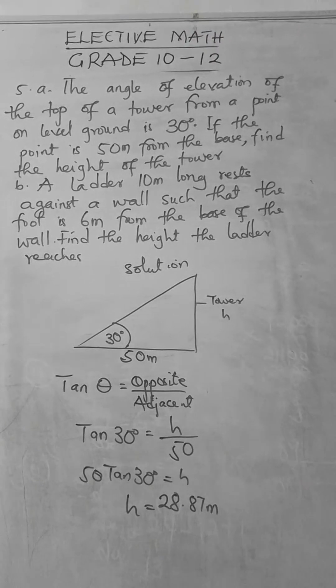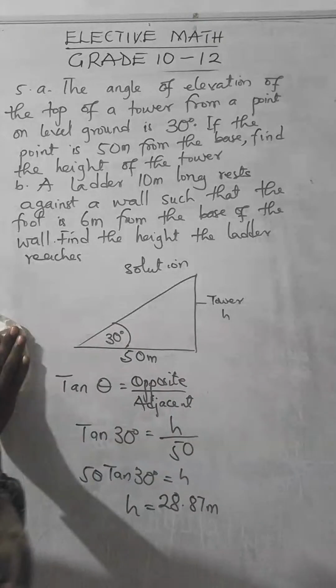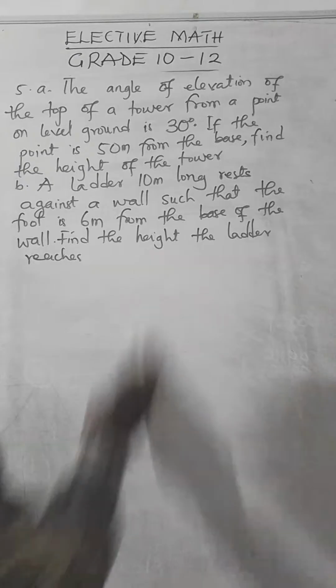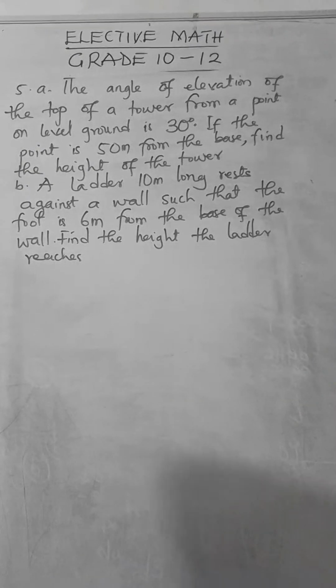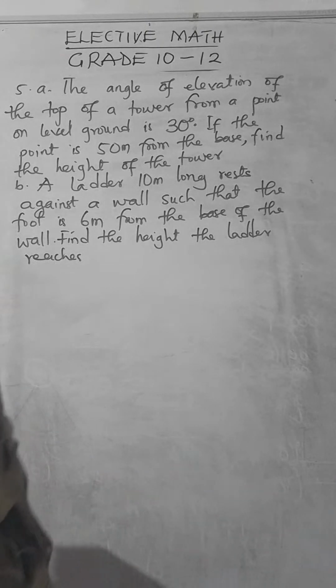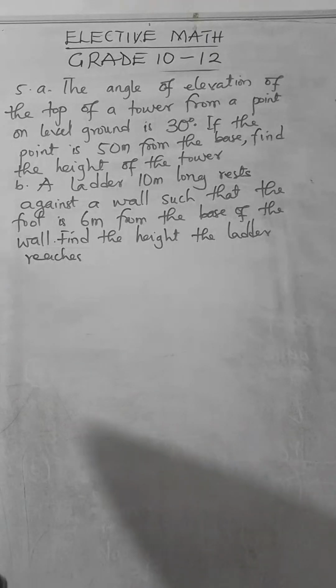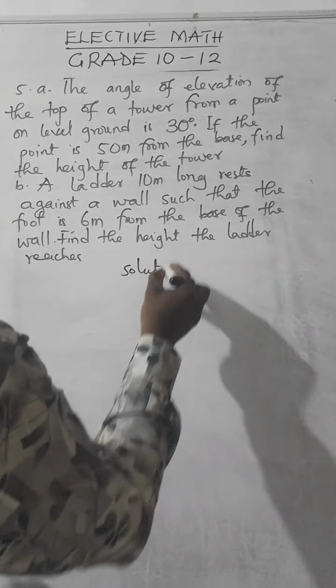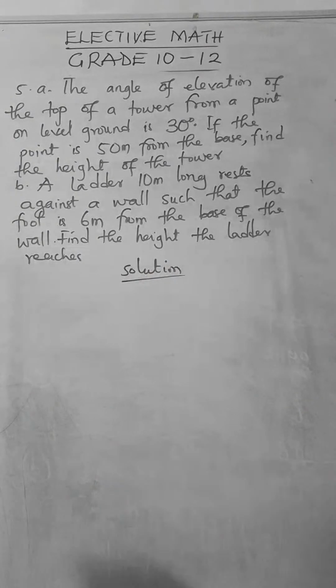Now we want to solve the B here. With the B, they are saying a ladder leans against a wall. So it's the same trigonometry.